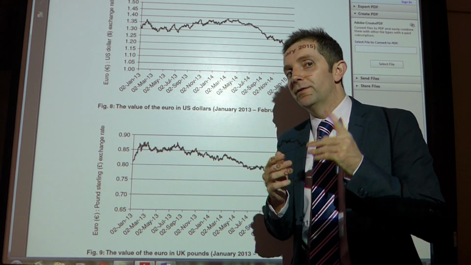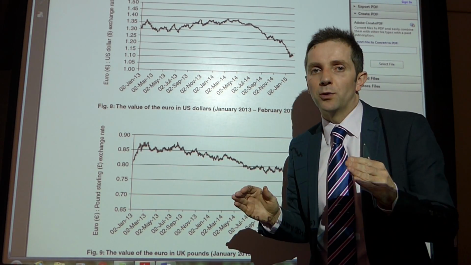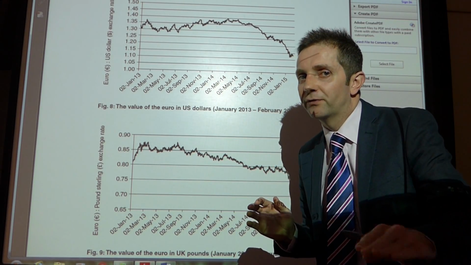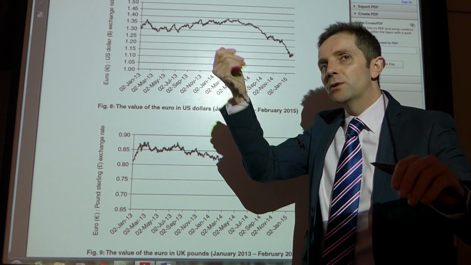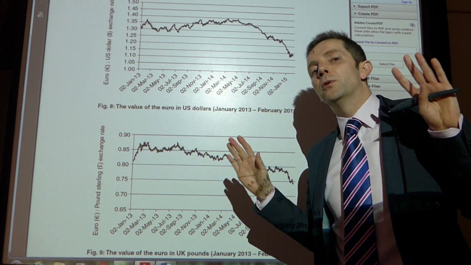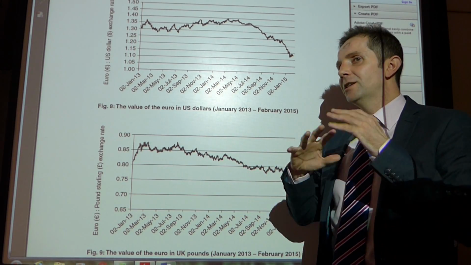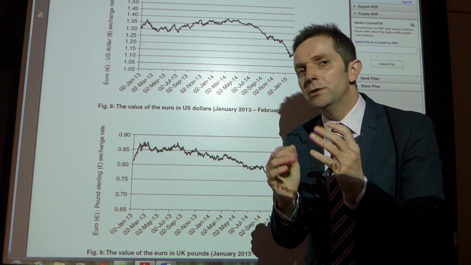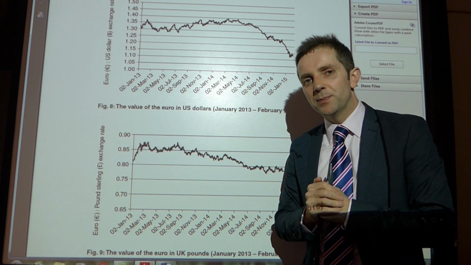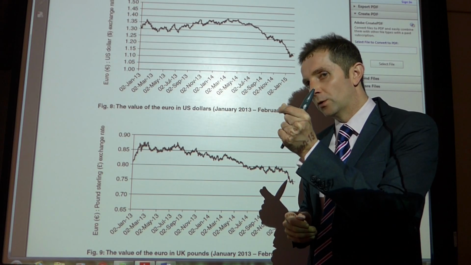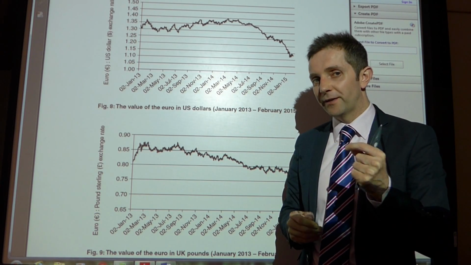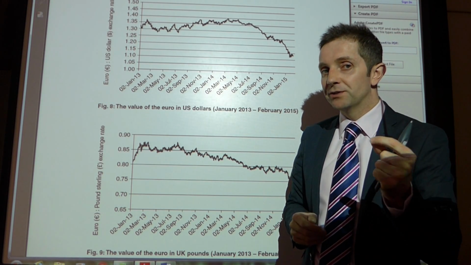The flip side of the same coin is, of course, import prices. So if export prices are falling, import prices are rising. If demand for exports is going up, demand for imports will be falling. And again, of course, then you get into the whole notion of discussing the trade position. So whether Euroland would have a trade deficit or a trade surplus.